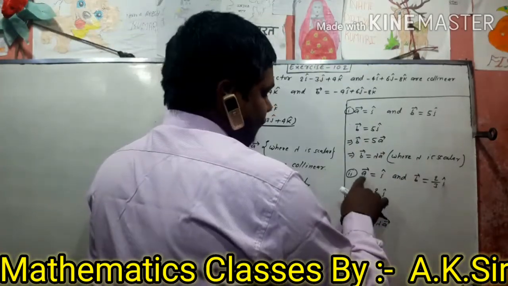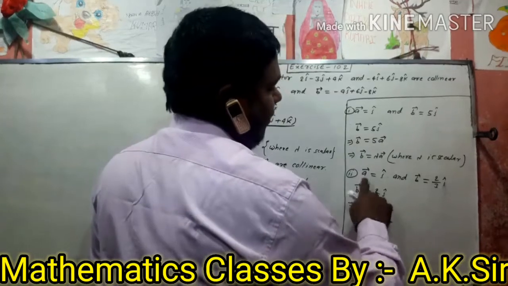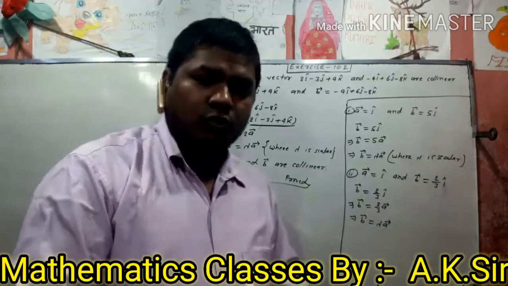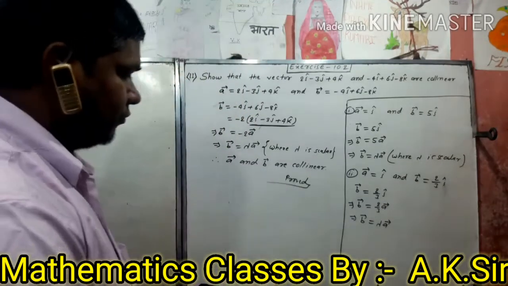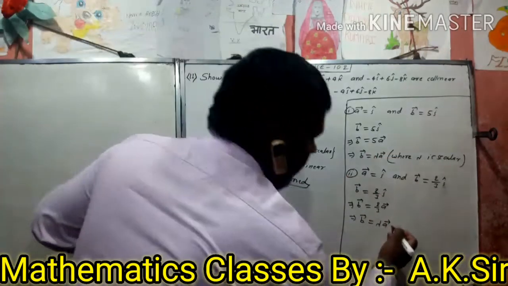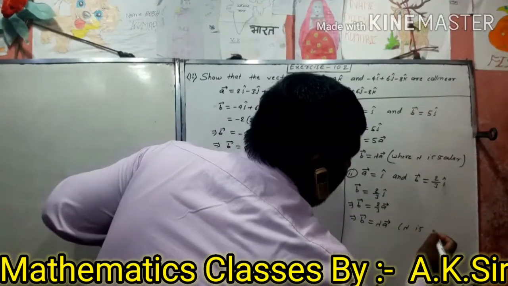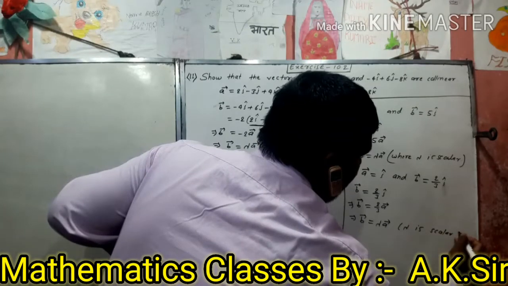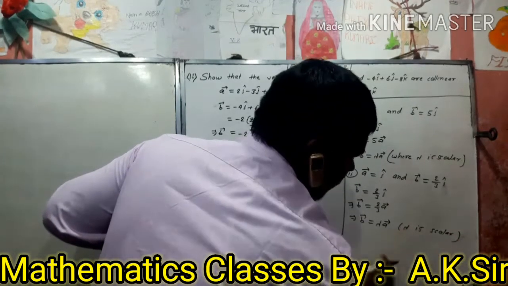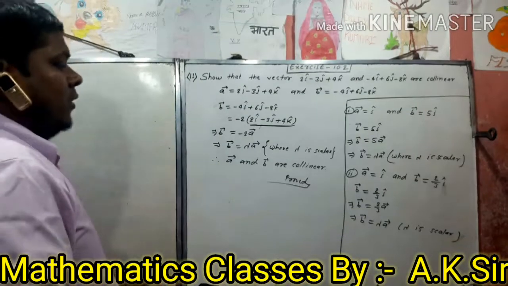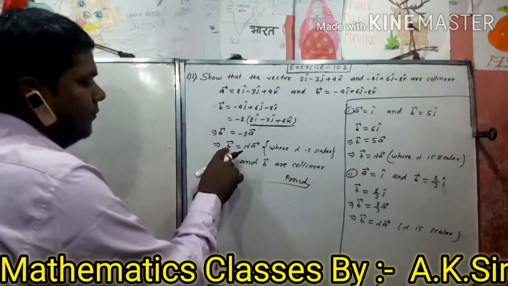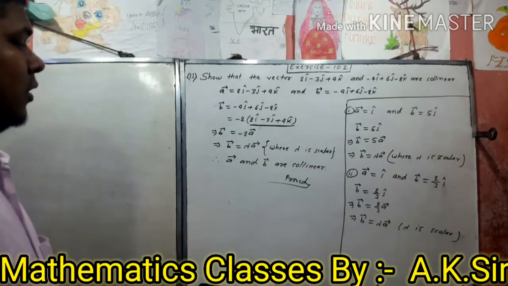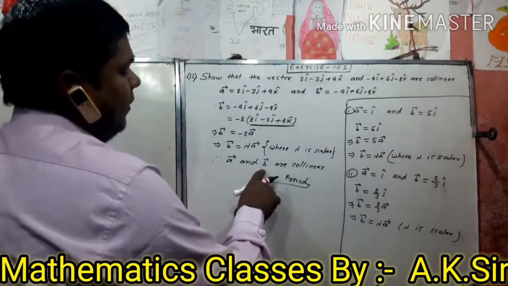So we can say A vector and B vector are collinear vectors.